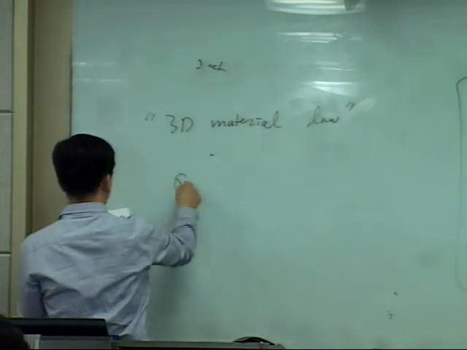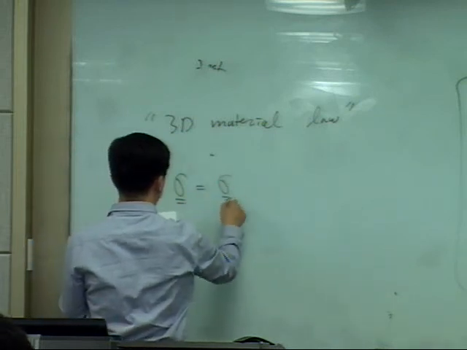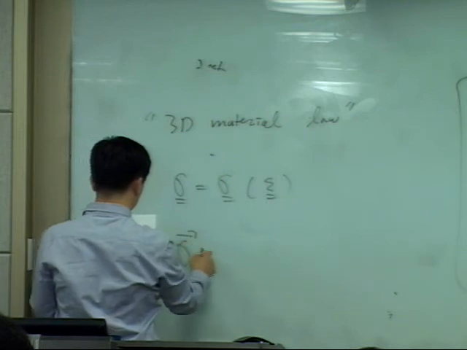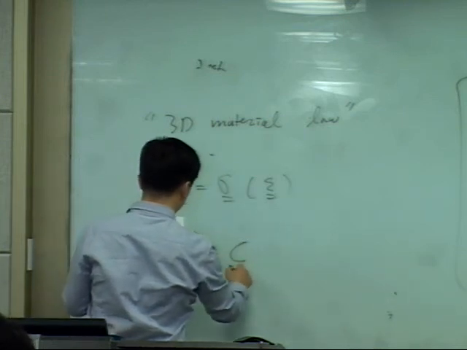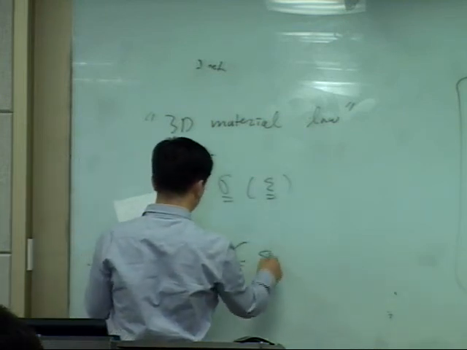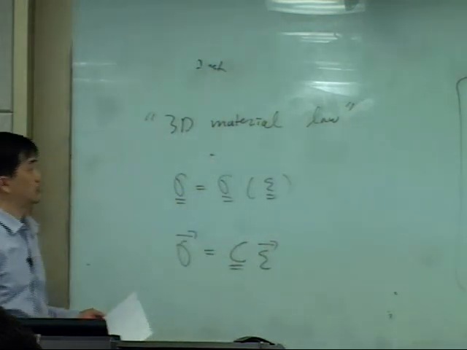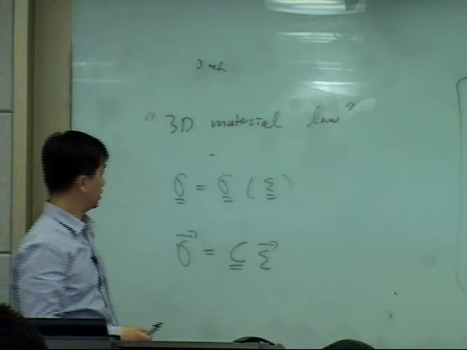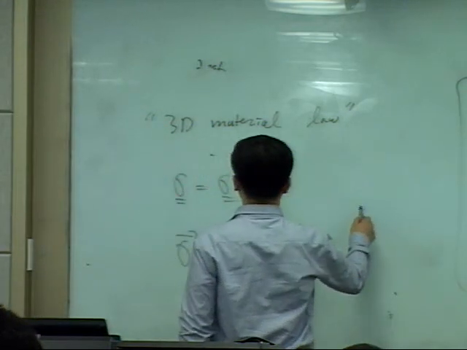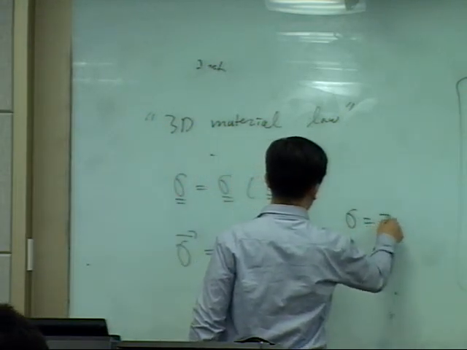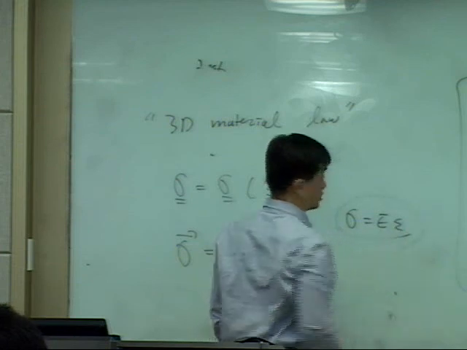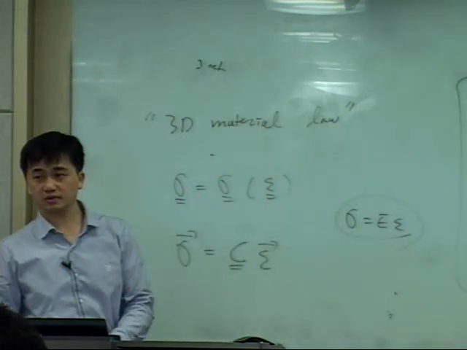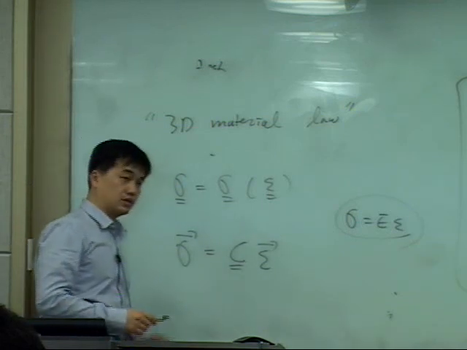Stress is a function of strain. We can write it in vector and matrix form like that. This is 3D. How about 1D? The 1D material law is just sigma equals E epsilon. This is the 1D material law, right? Now you know the 3D material law. So, any questions?